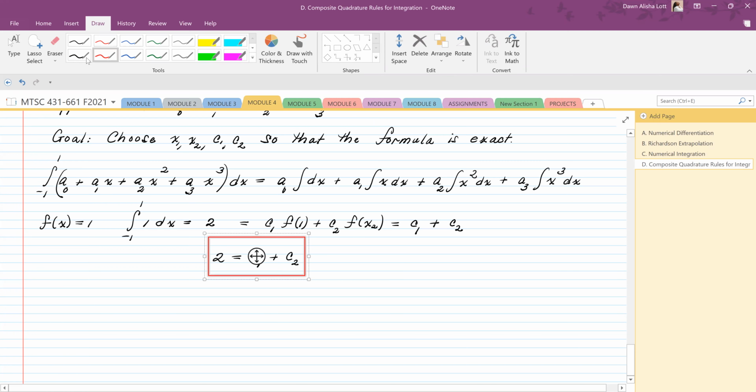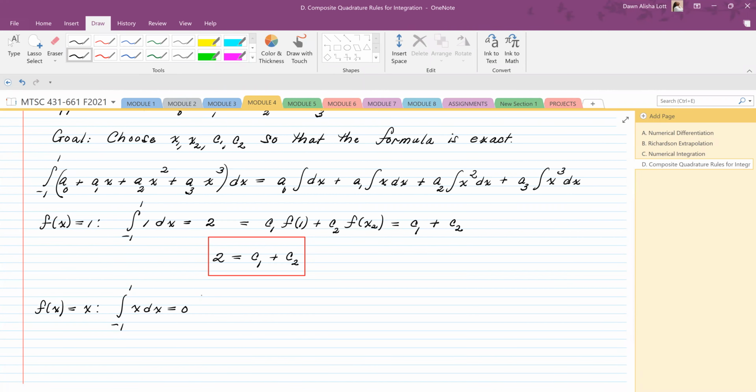Okay. So now if f of x is equal to x, then I get the integral from -1 to 1 of x dx, but that's just 0. Excuse me, the C1 f of 1, is it supposed to be f of 1 or x1? It should be x1. Thank you.